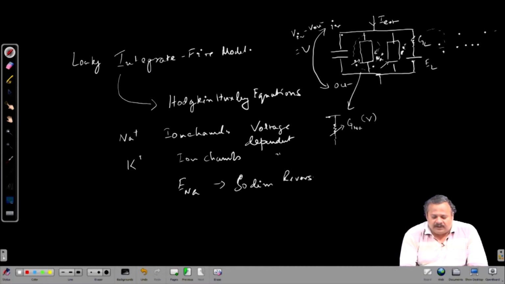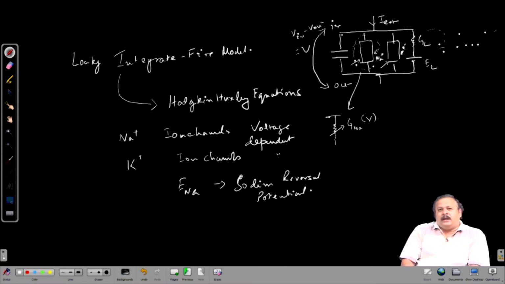Just to recollect what we had studied early on in this course: if the membrane potential V is at ENA, then there will be no net sodium ions flowing through the membrane. Or also, if the voltage is different from ENA and there are paths for sodium available to flow through the membrane, then the sodium will flow in such a direction that the voltage is pulled towards ENA.